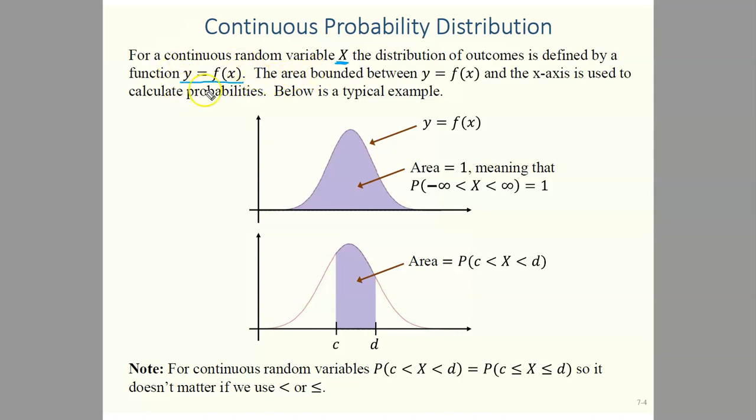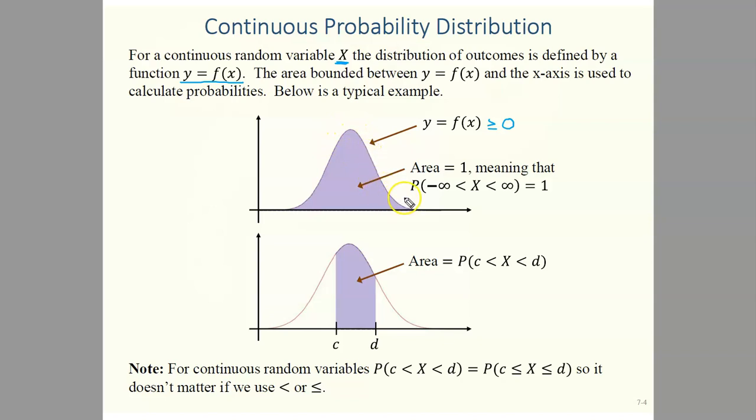Now, we use this f of x function to define probabilities as we have shown down here. Now the function y equals f of x has to have two properties, and those properties were defined on a previous slide, so please read through that slide carefully. One of the properties is that the function must always be bigger than or equal to 0. As you can see, we have pictured here a typical function like this.